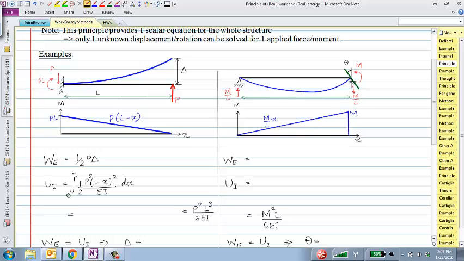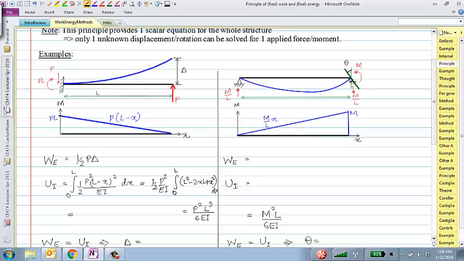If I expand that, I can pull out half P square over EI from the integral, and what I get is the integral 0 to L of L square minus 2xL plus x square dx.